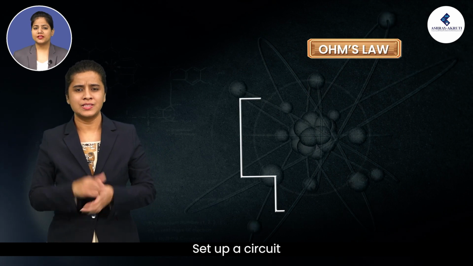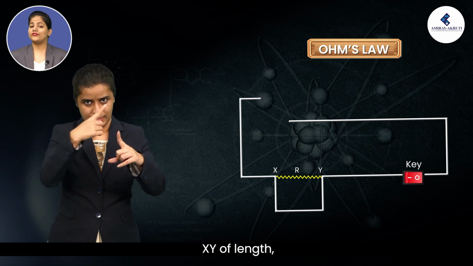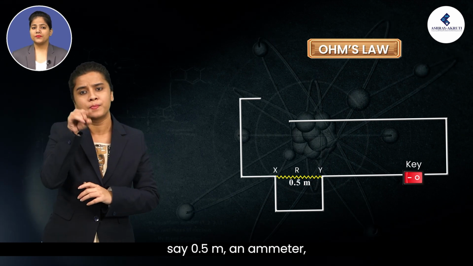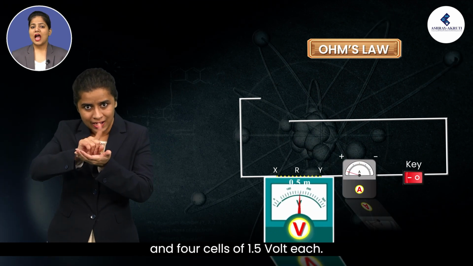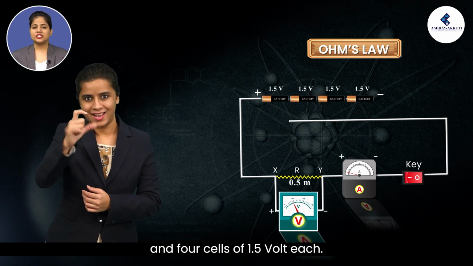Set up a circuit consisting of a nichrome wire XY of length, say 0.5 m, an ammeter, a voltmeter, and 4 cells of 1.5 V each.